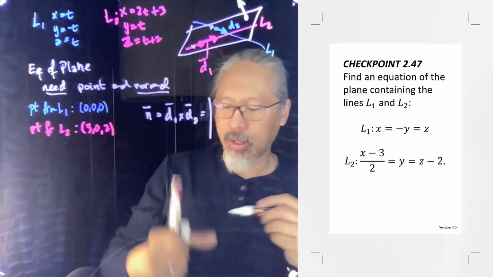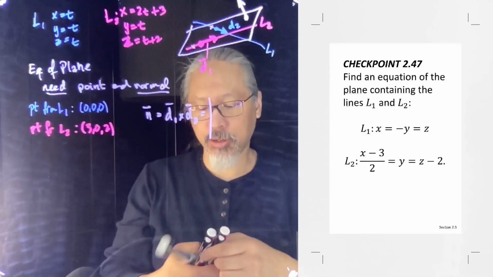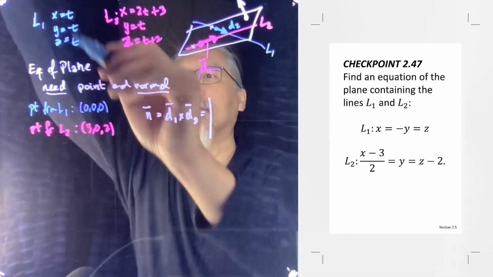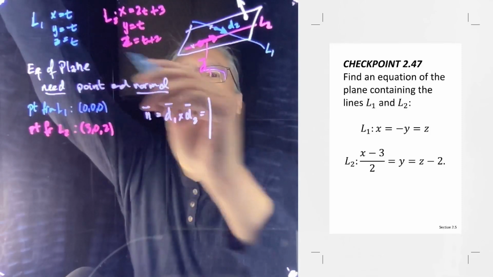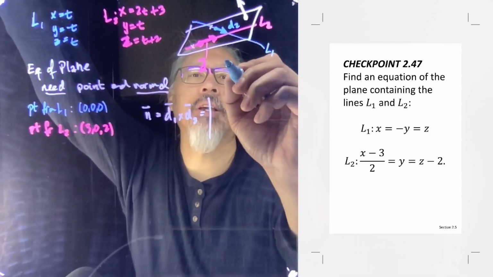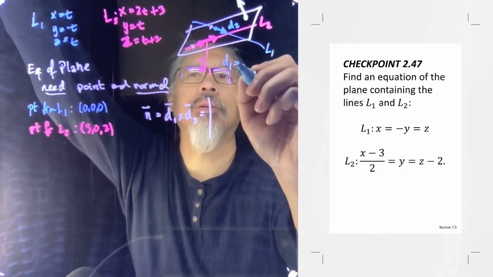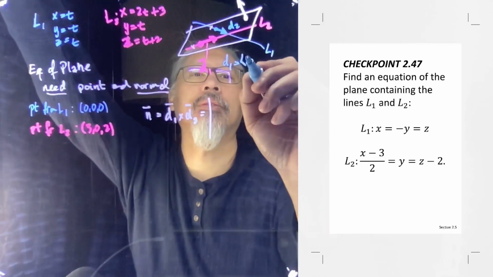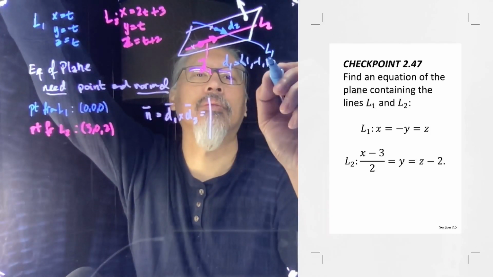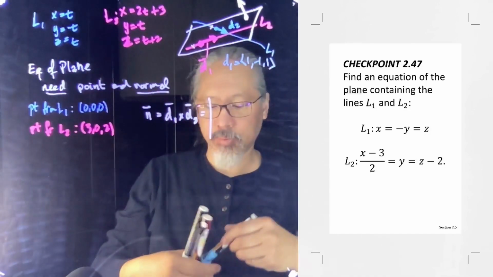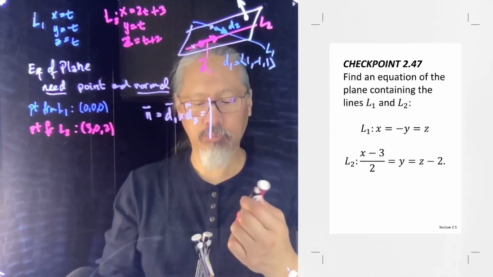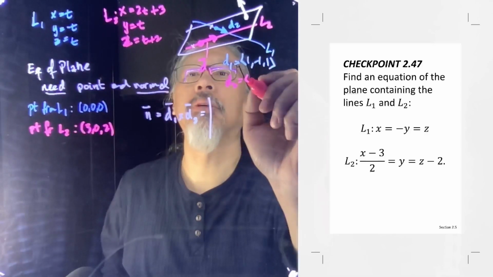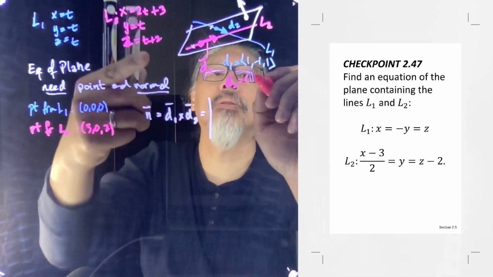And we haven't identified D1 and D2 yet, but you could probably pull it out already, as they're the coefficients of the t. So let's just make a note. D1 equals 1, negative 1, 1. And D2 will be equal to 2, 1, 1.